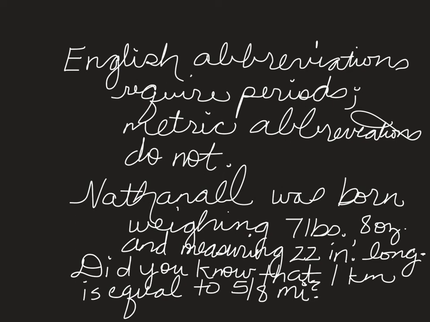However, here's one that has English and metric. Okay, did you know that 1 km, the abbreviation for the metric word kilometer, and notice there's no period there, is equal to 5/8 of 1 mi?